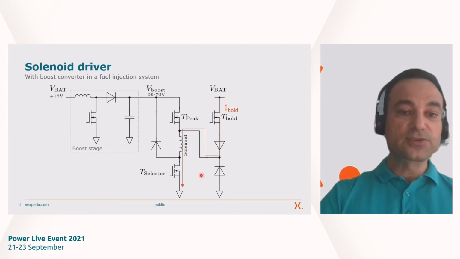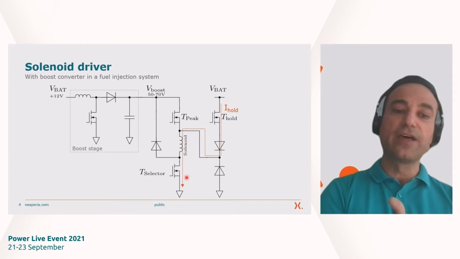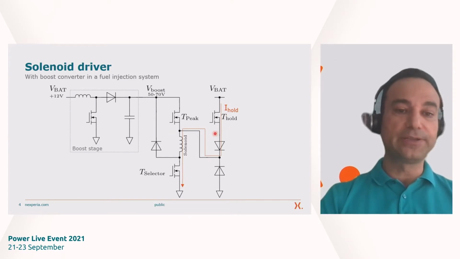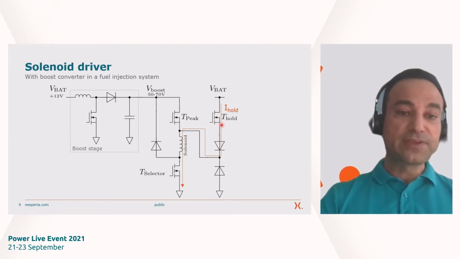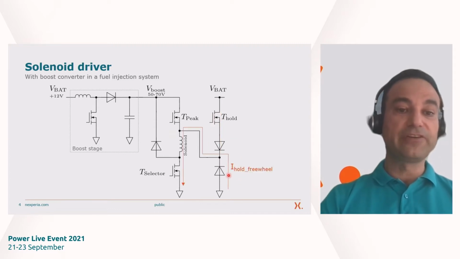And once the valve has moved, then it is sufficient to have a lower current. This is the hold current, which is provided by the T-hold switch. But also in this case, if the T-hold switch is switched off, we need again a freewheeling path given by this bottom right freewheeling diode.